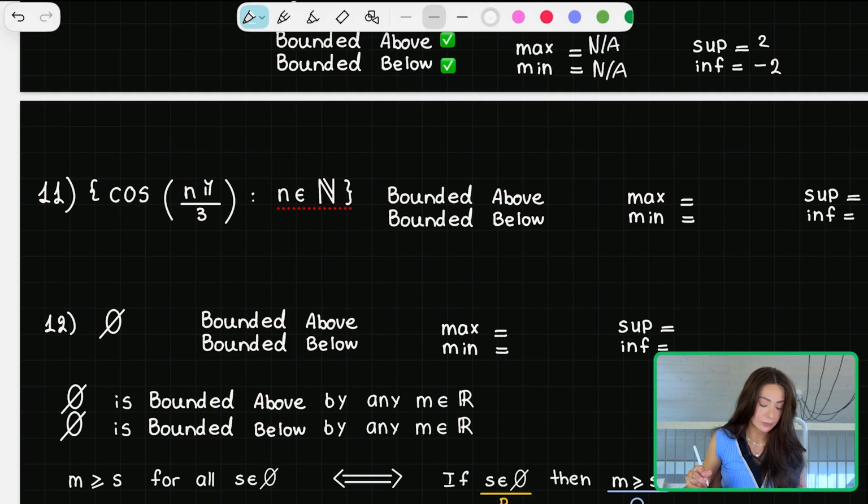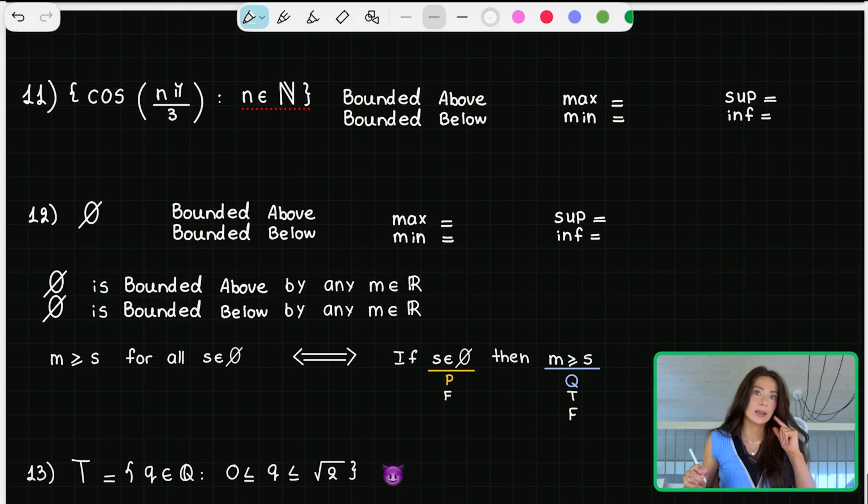Now let's consider question 11, cosine of n pi over 3. Pi over 3 is 60 degrees. N is 1, you have 60 degrees, that's 1/2, then -1/2, then you have -1, so 3 pi over 3, that's pi, -1, and then 6 pi over 3 is +1.